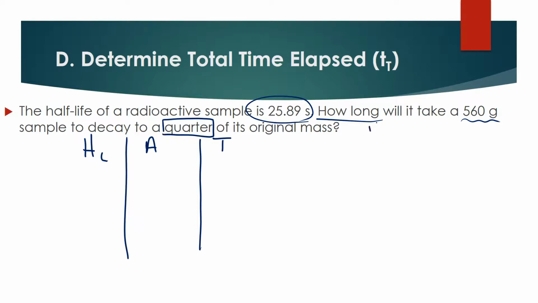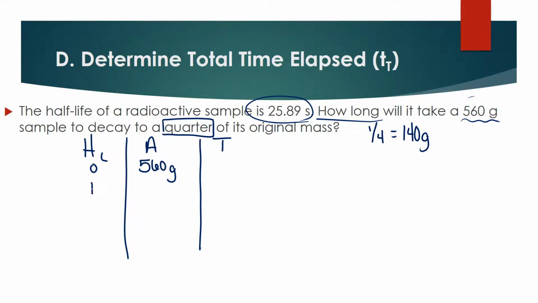Well, a quarter is a fourth. So if you take 560 divided by 4, or take 560 times 0.25, that's 140 grams. So what it's asking is how long does it take to go from 560 grams to 140 grams? So up here, before our first half-life occurs, this is our initial amount, 560 grams before anything's happened.